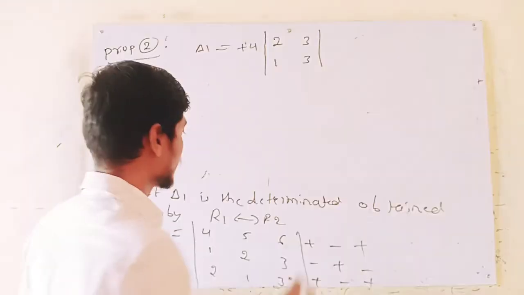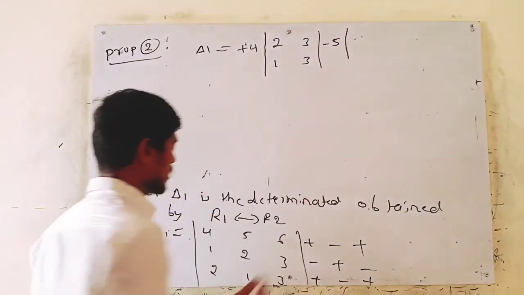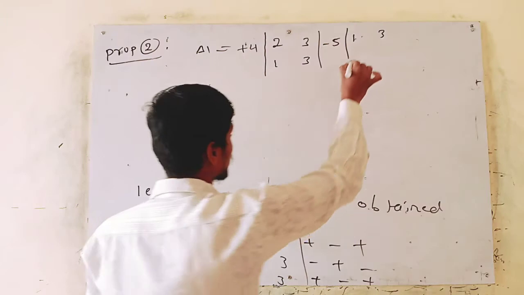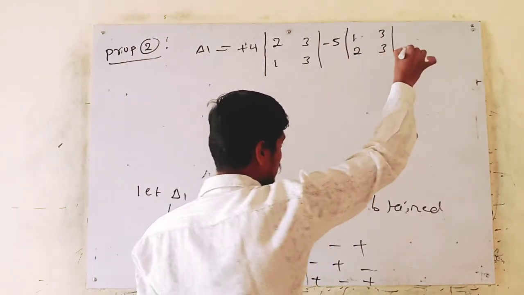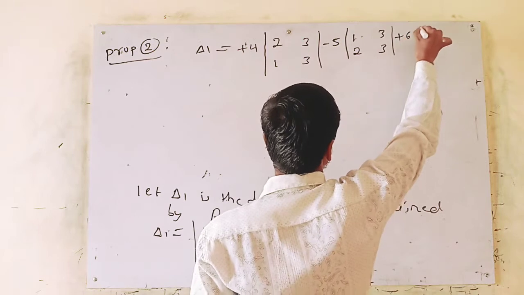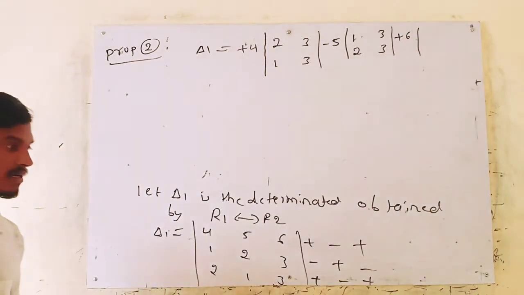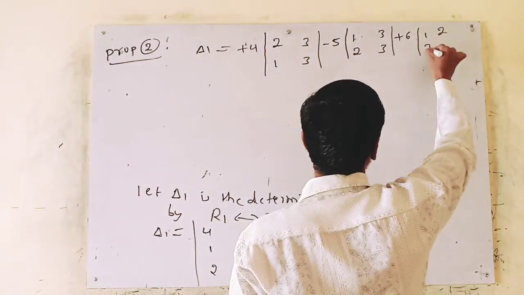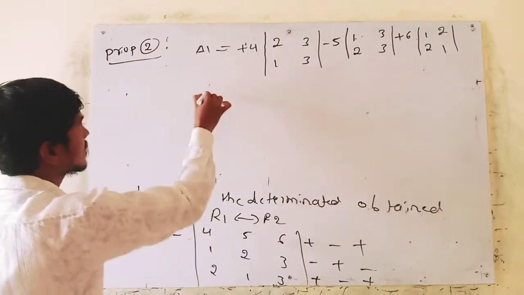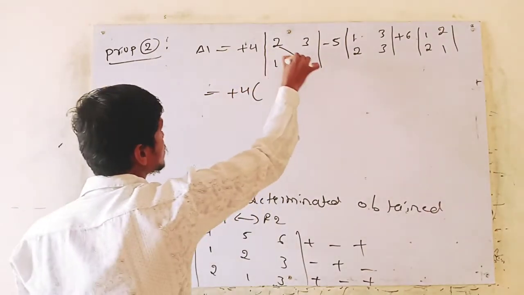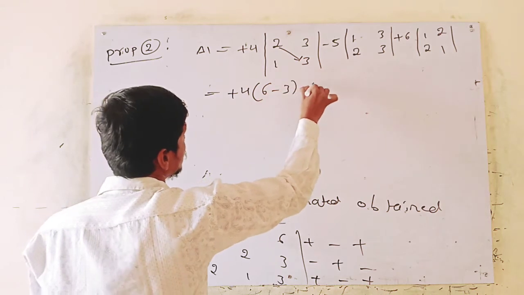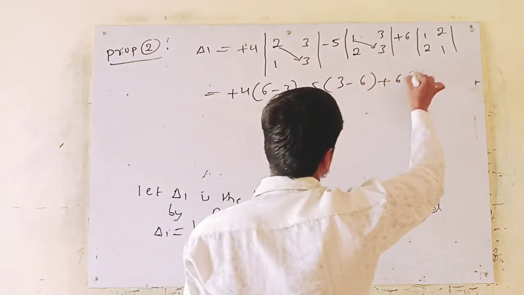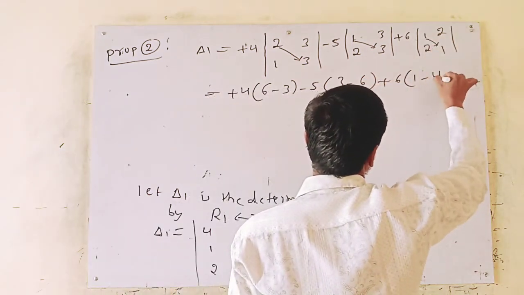Then come to the second, minus 5 times, leave the elements along R1 and C2, therefore elements are 1 3 2 3, and last one plus 6 times, leave the elements along R1 and C3, therefore 1 2 2 1. This is nothing but plus 4 times, multiply this, 6 minus 3, minus 5 times, multiply this, 3 minus 6, and plus 6 times 1 minus 4.